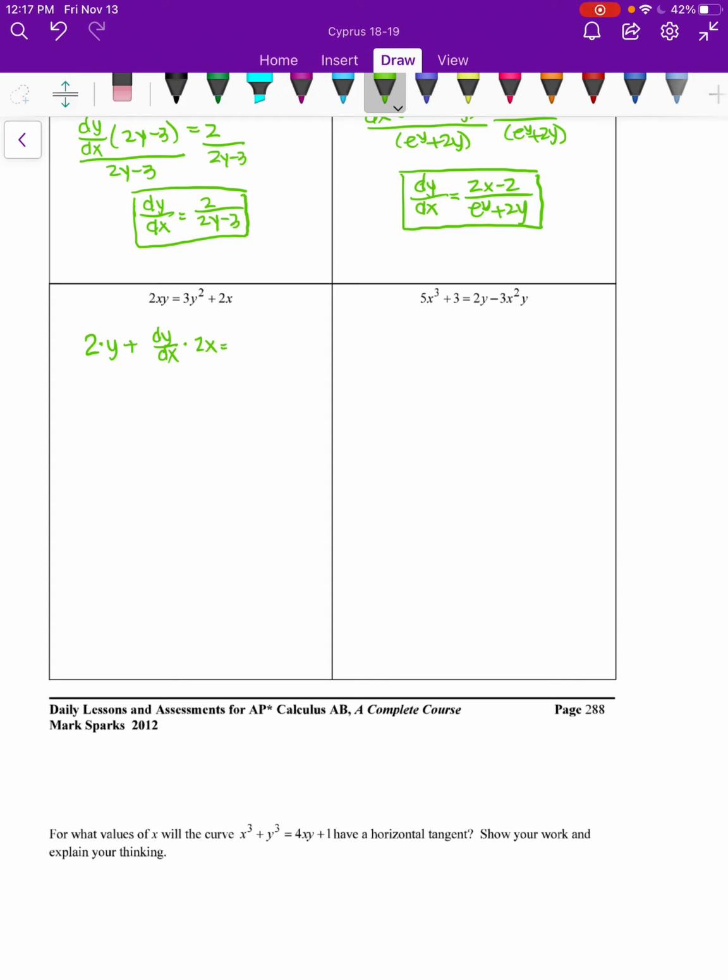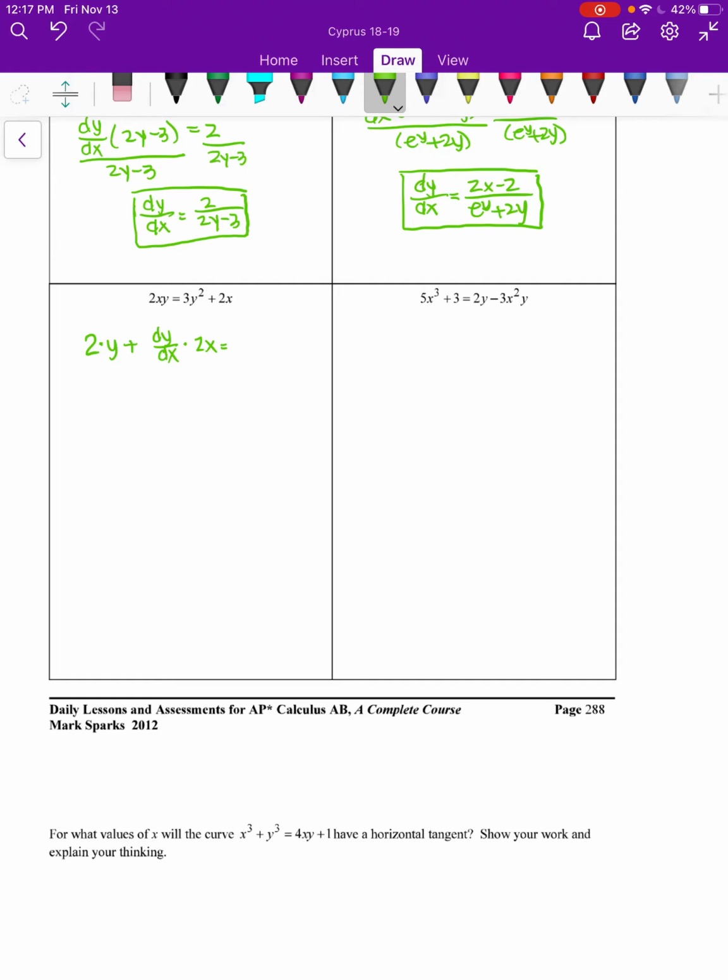and then we can do the derivative of the right side. So 2y plus 2x dy/dx is the derivative of that product rule. And that equals the derivative of the right side, 3y squared.